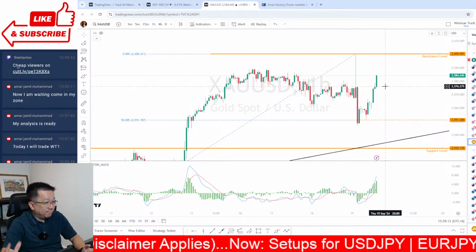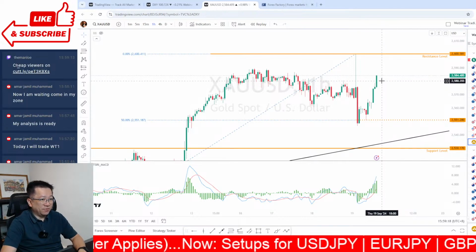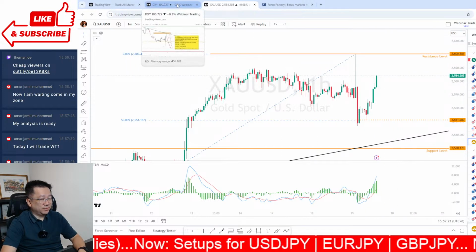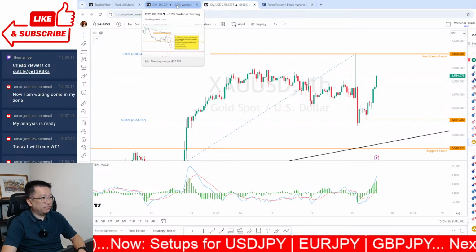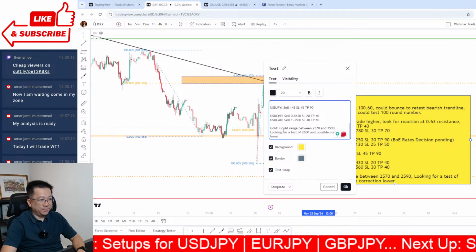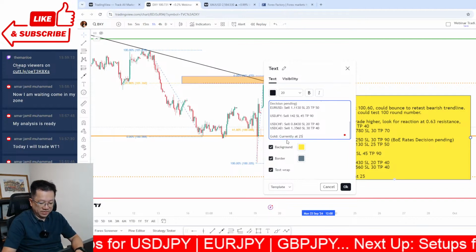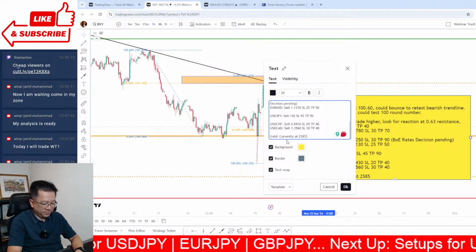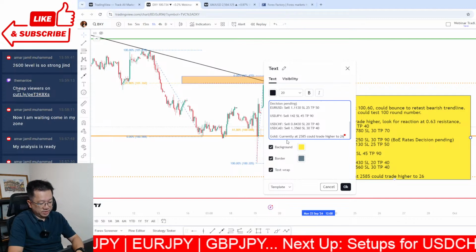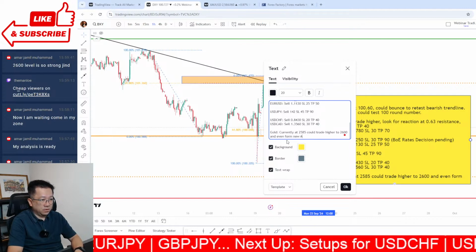I think gold, currently at 2584, could retest 2600, maybe even break and get to another all-time high. So gold currently at 2584, 2585, could trade higher to 2600 and even form a new all-time high.